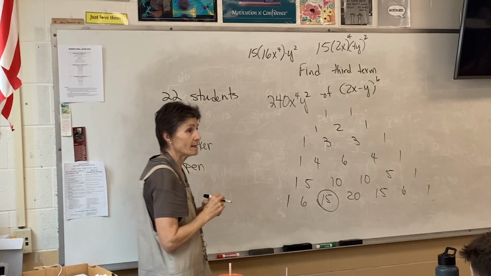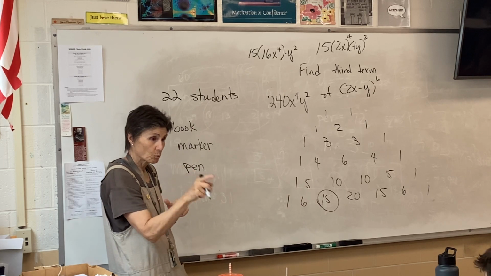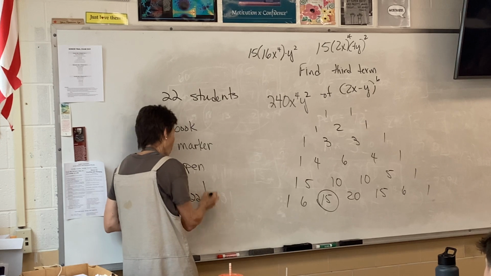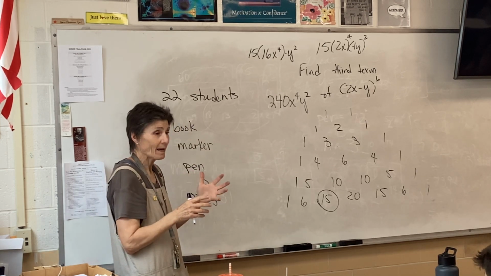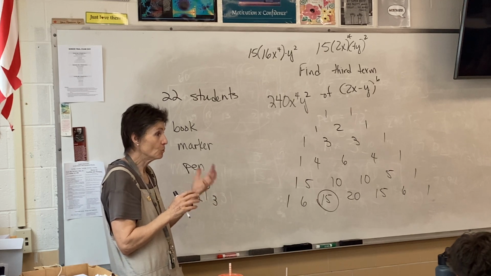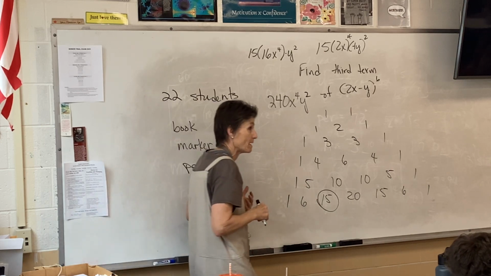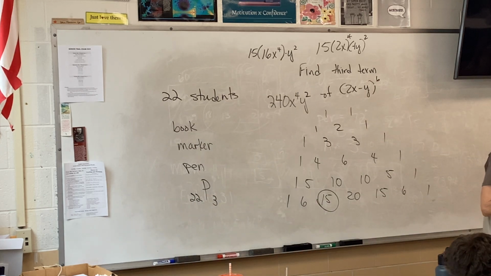How many ways can I do that? 22P3. Now, why is it P? Order matters, right? Whether you get the marker or the book, it's all different. So 22 kids, I'm picking 3, and order matters.